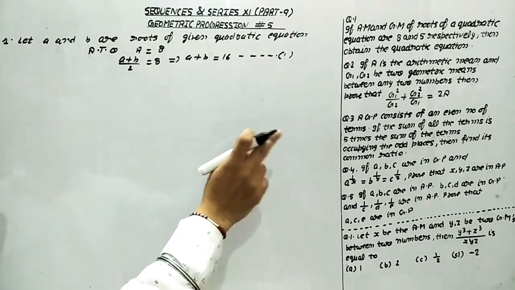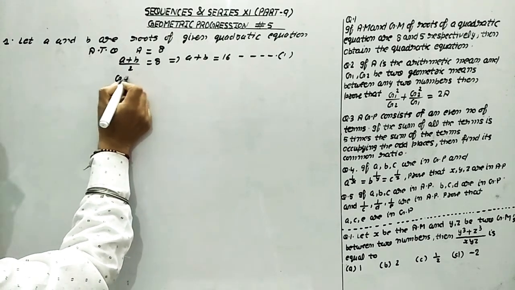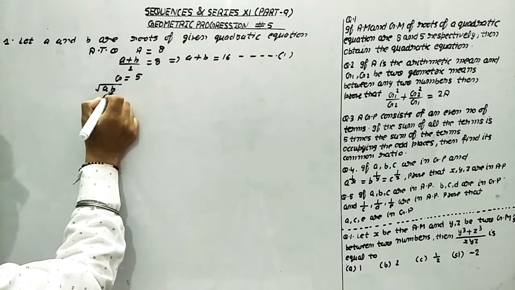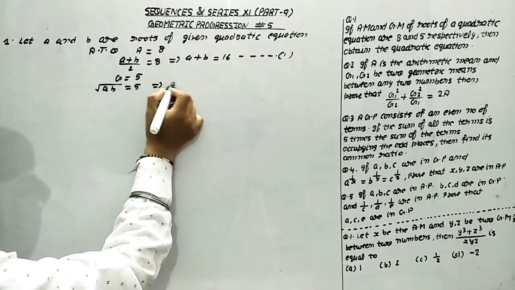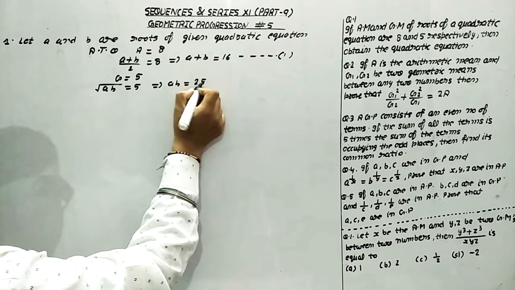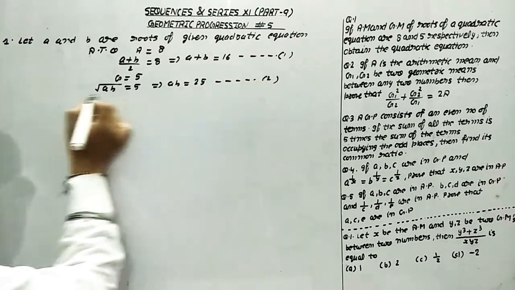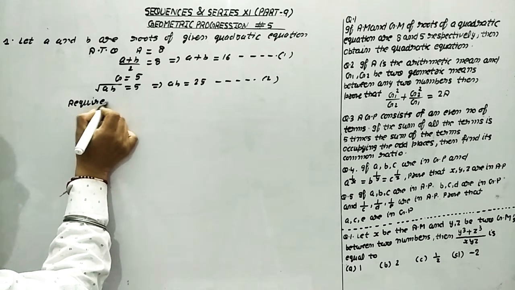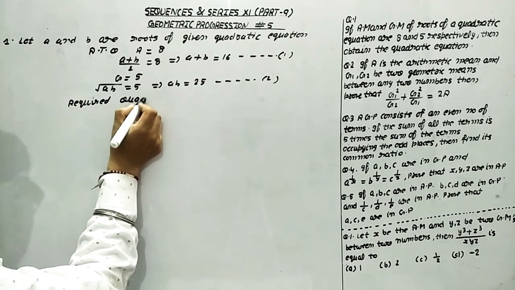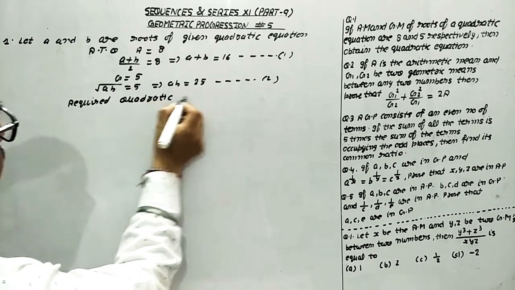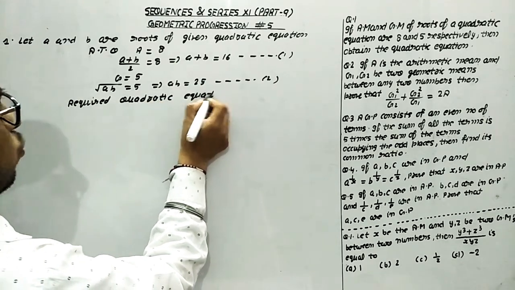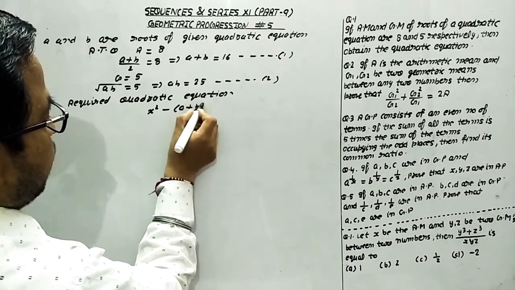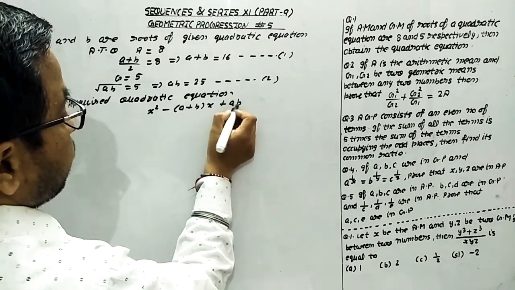And GM is 5. Therefore, G is equal to 5. It means root AB is equal to 5. It implies that AB is equal to 25. This is equation number 2. Therefore, the required quadratic equation, according to the formula, is x square minus (A plus B) into x plus AB is equal to 0.